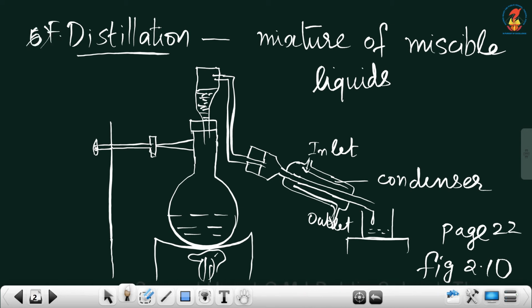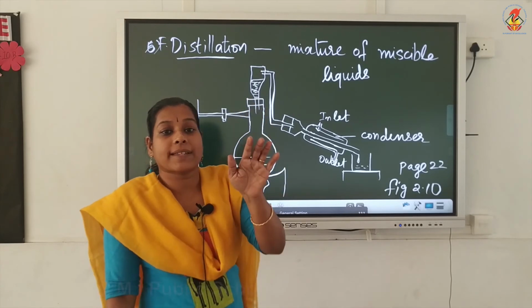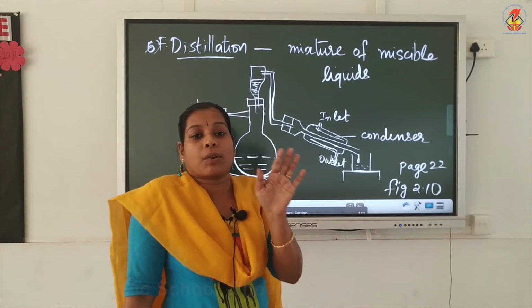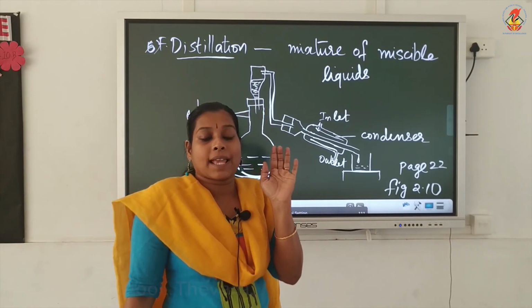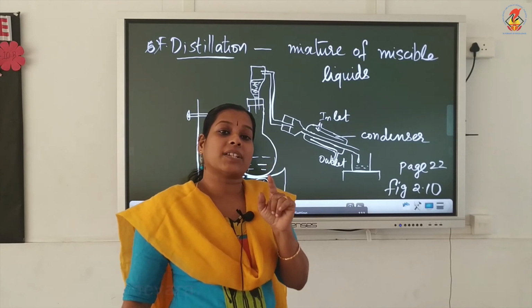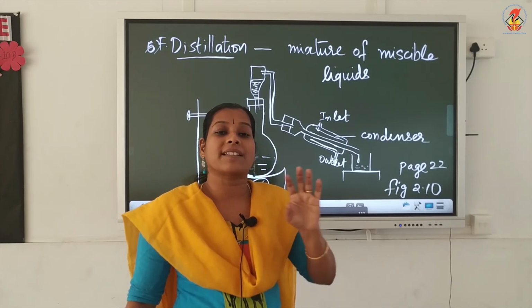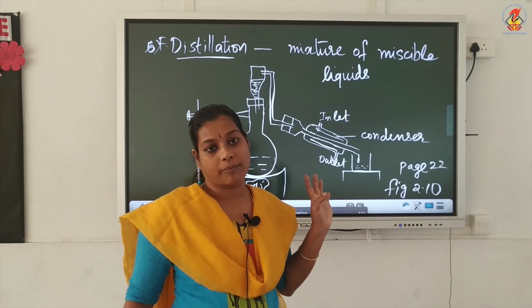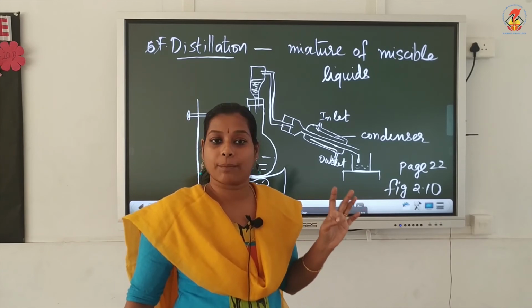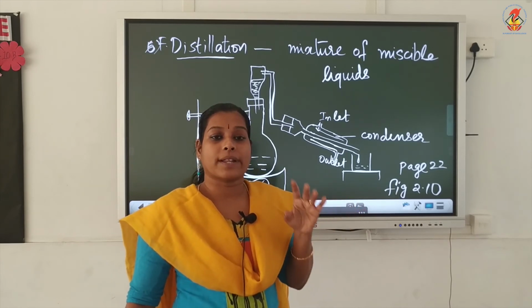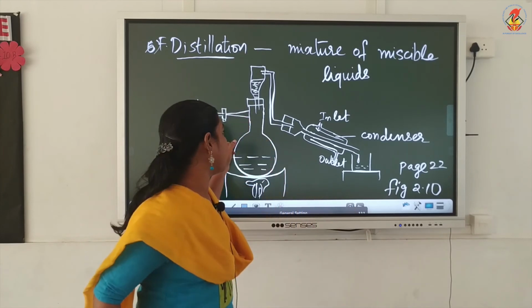The conditions for this method are that the mixture should contain miscible liquids, and that there will not be a considerable difference in the boiling points. If the components have very close boiling points, then we will adopt fractional distillation.